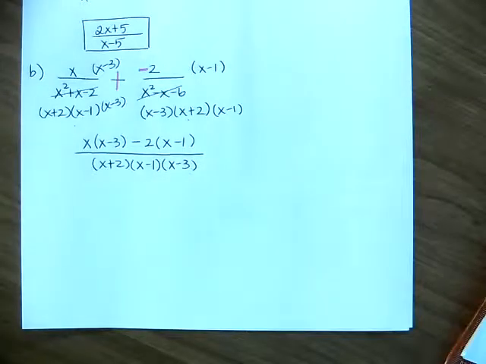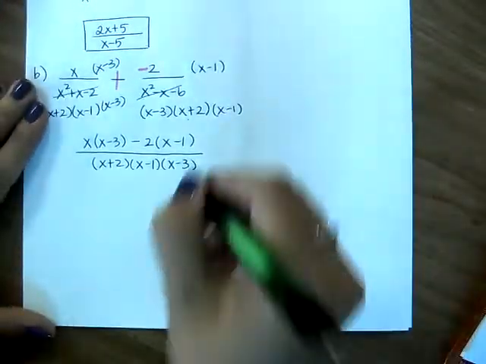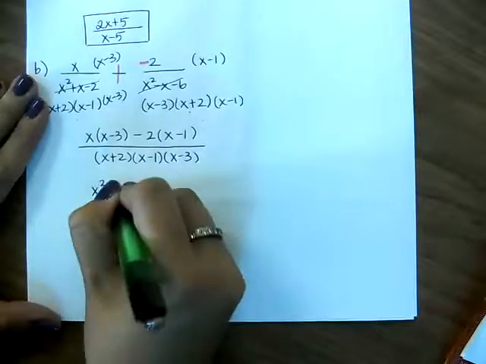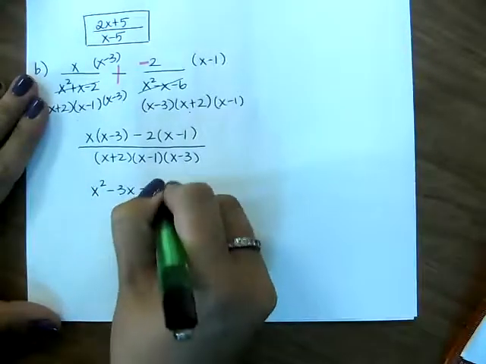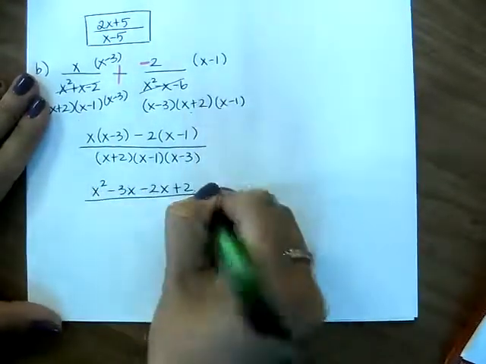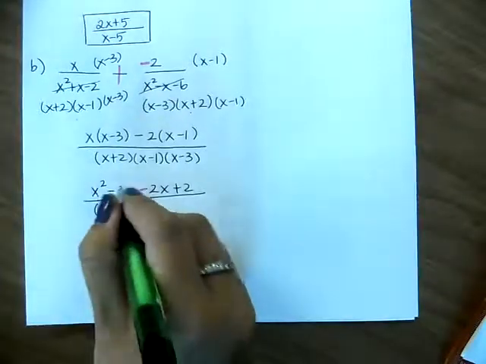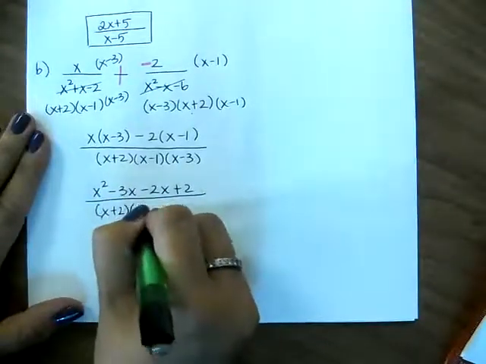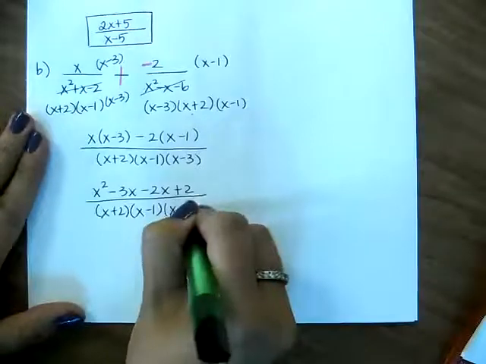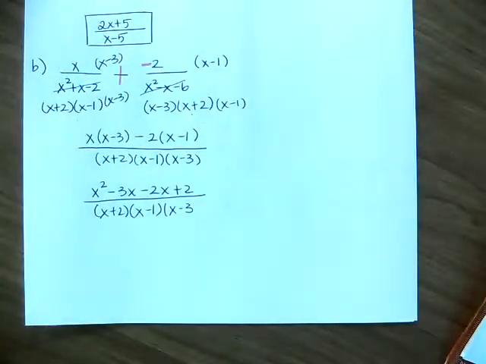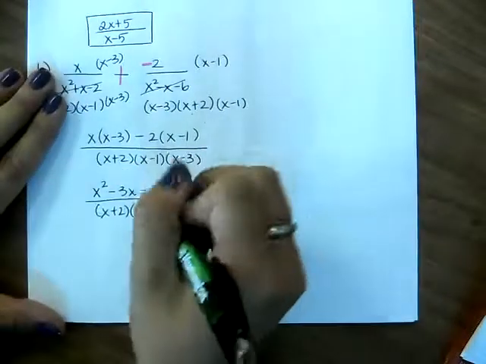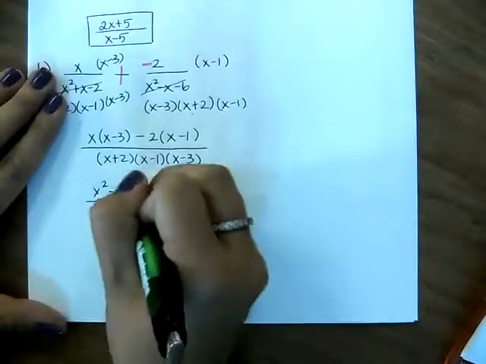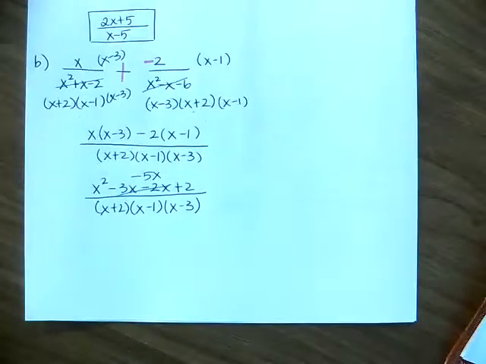So now let's distribute in the numerator and see what happens. x squared minus 3x minus 2x plus 2. It's not done. So now if we combine these like terms, we get a negative 5x here.